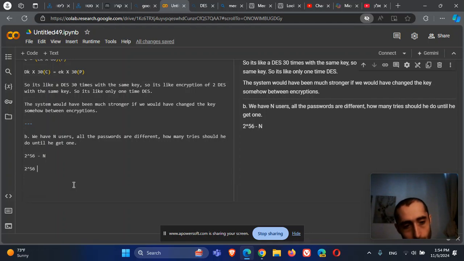2 to the power of 56, because this is the size of the key, and I explained why this function is like one DES.